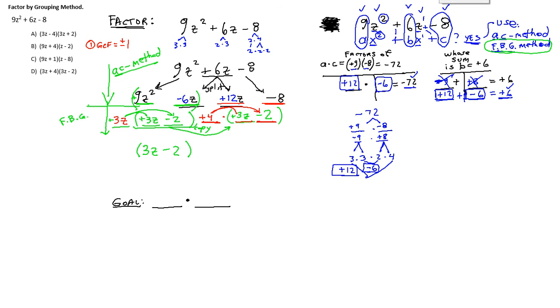And what we can do is create an open binomial and complete our factoring. This first 3z is going to complete the first term of this remaining red binomial, and plus 4 is going to complete the second term of this remaining binomial, so that we get back what's above it.